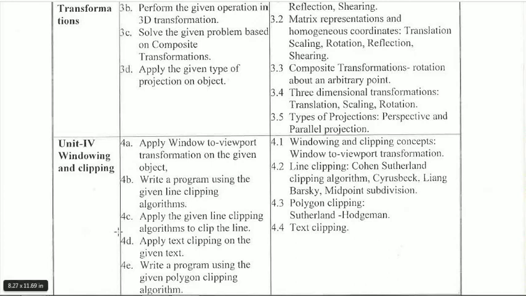Then the third one, C: apply the given line clipping algorithms to clip the line. We will clip the line, that is, we will remove the portion that is invisible or not of interest.